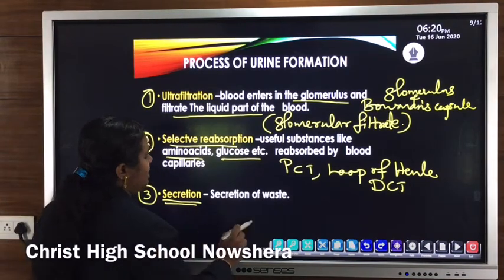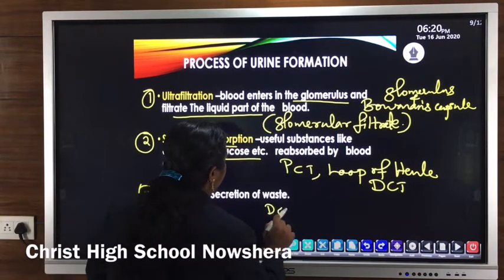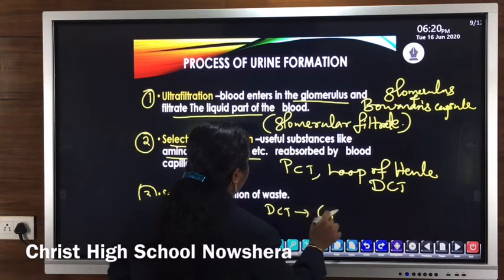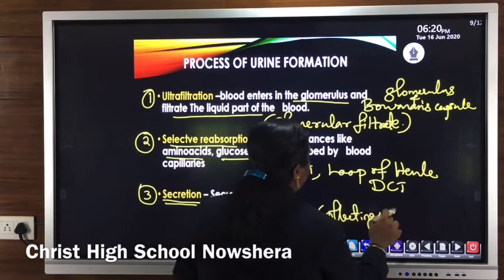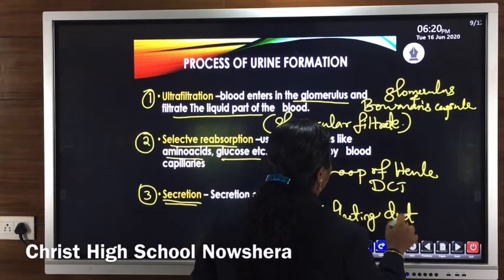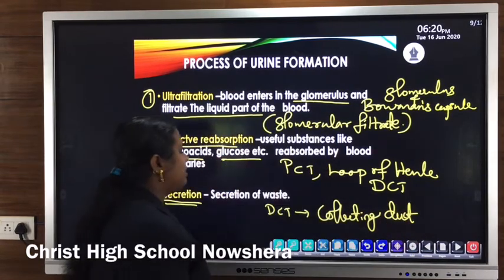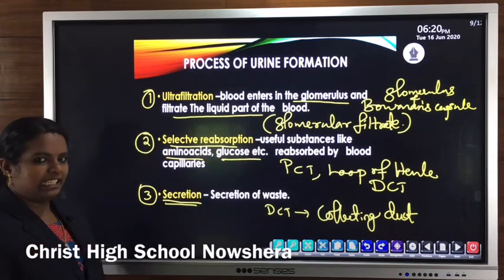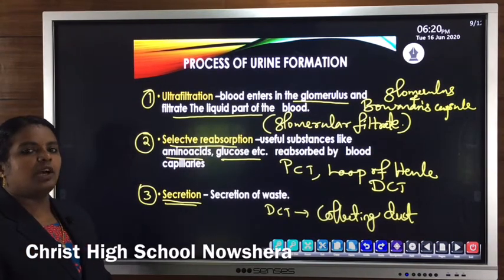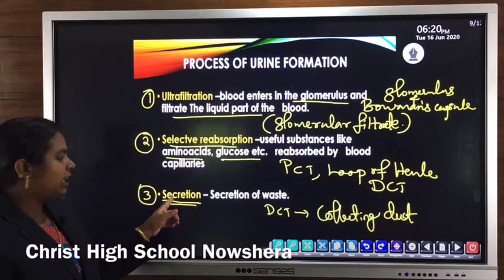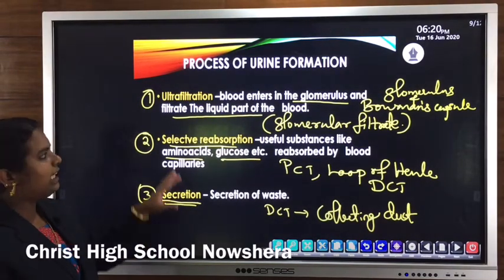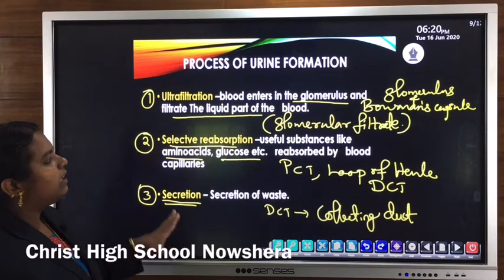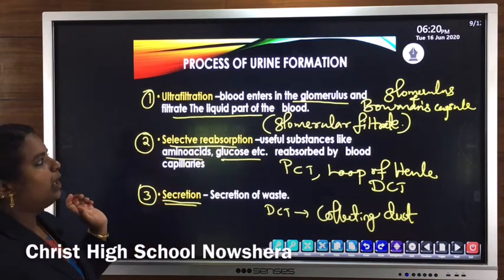So secretion of waste material from the end part of the DCT to the collecting duct. The collecting duct collects the waste material which is secreted out during the last stage of urine formation, that is known as the secretion process. So these are the three important processes that result in the formation of urine.